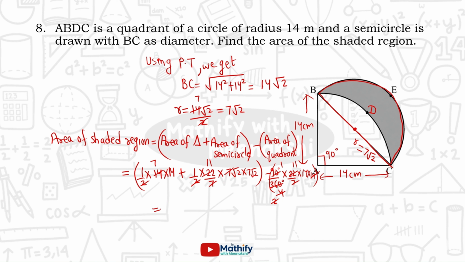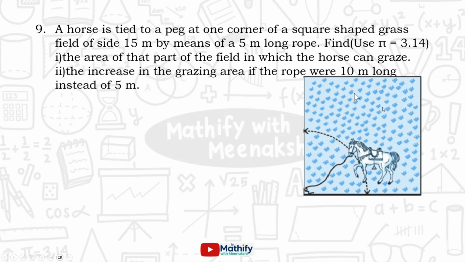Now, if we take 7 outside, that means common, what are you left with? Here 14 plus, here root 2 into root 2 is 2. 2 into 11, that's 22. Minus 11 into 2, that's 22. 7 into 14, that's 98 centimeter square. Now let's move to next question.